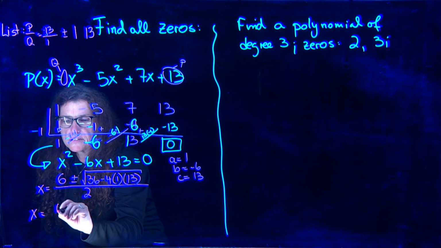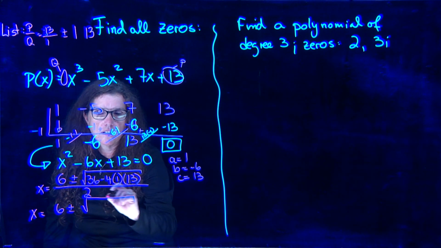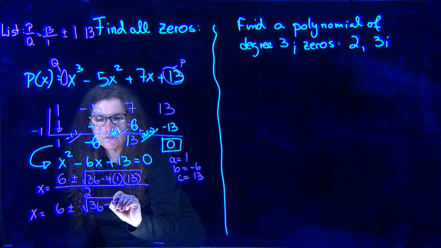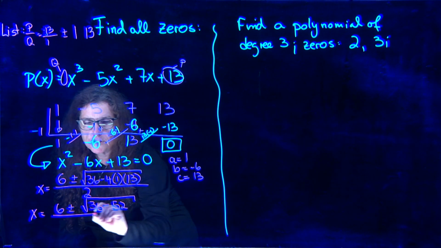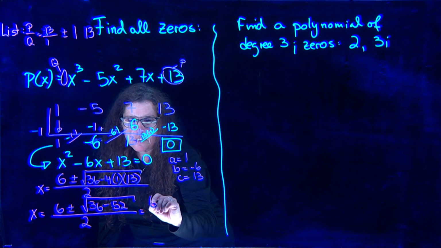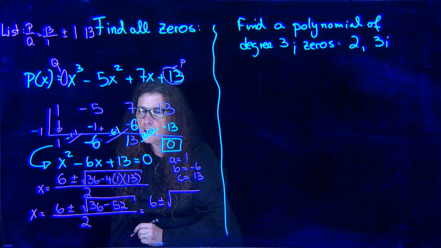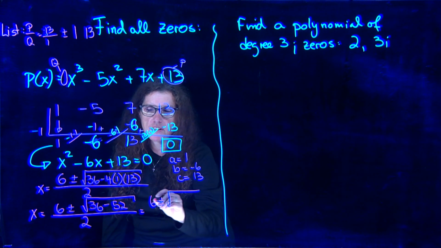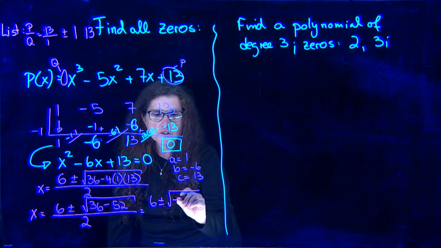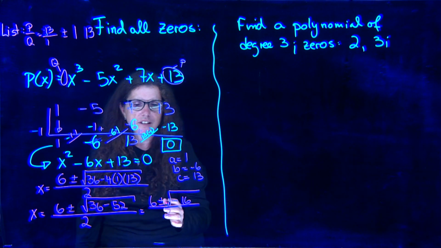Okay, we get 6 plus minus the square root of 36 minus 52, all over 2. We have definitely a negative 16. 36 minus 52 is a negative 16, all over 2. Oh, look at that.